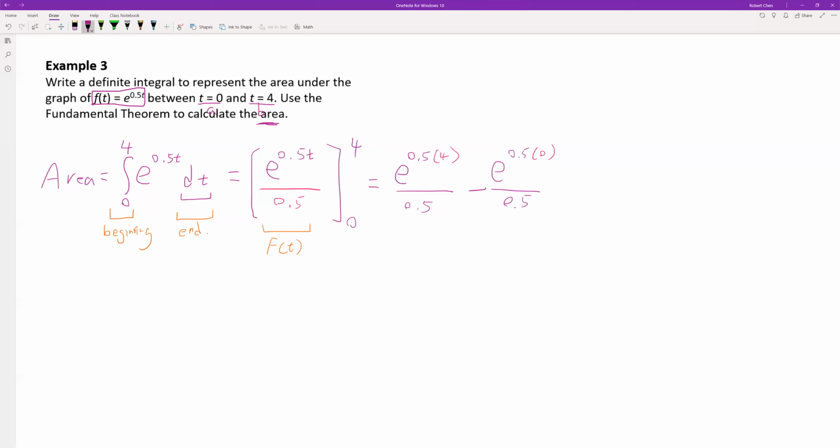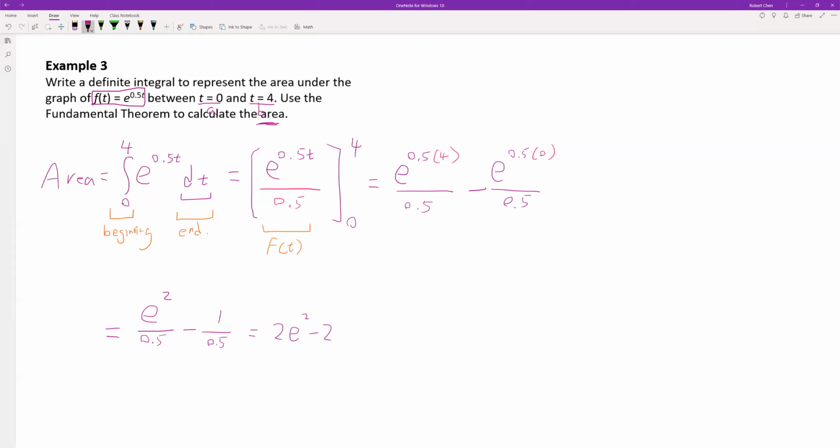Okay, and let's see what we have. All right, so first one, I have e to the 0.5 times 4, which will be e squared over 0.5, minus e to the power of 0, which is 1 over 0.5. Now, 1 over 0.5, if you have 0.5 in the denominator, that's actually 2, right? So we can write this as 2e squared minus 2.